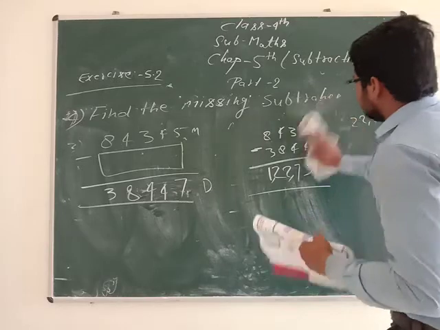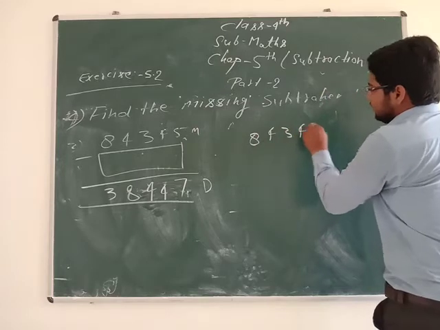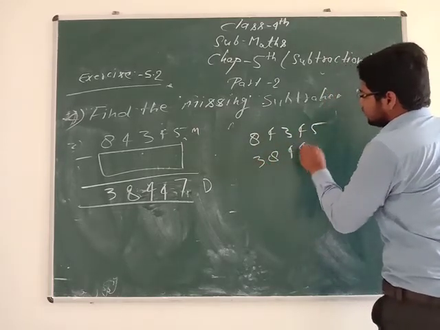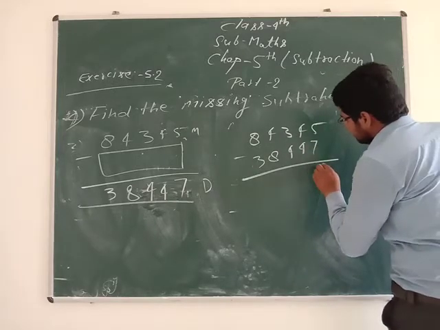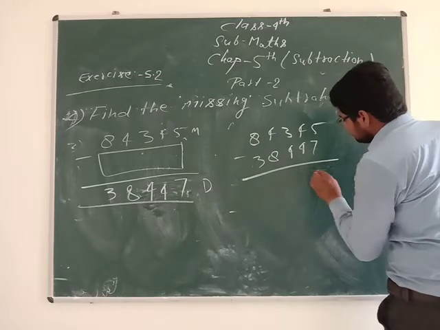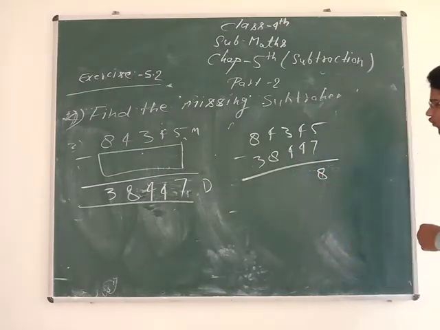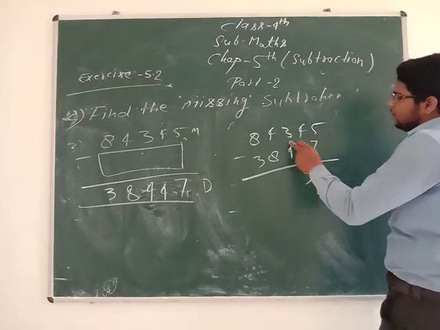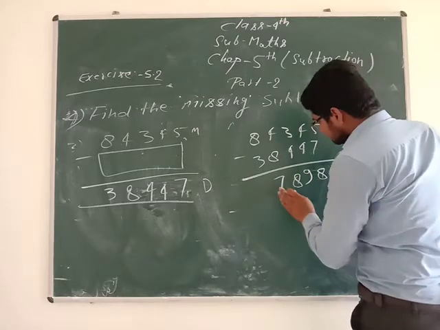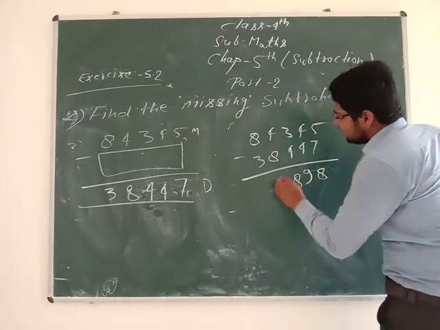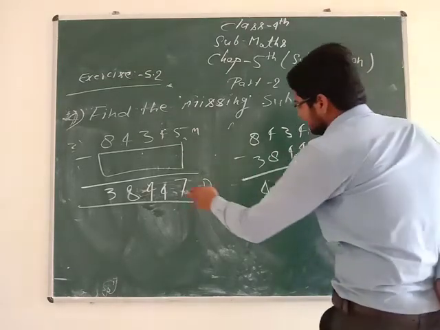So we can also subtract this number if you want. 84,345 and 38447. 15 minus 7, it would be 8, and here 3, 13 minus 4, it will be 9, and here we have 12 minus 4, 8, and here we have 3, 13 minus 8 would be 5, and 7 minus 3 would be 4. So 45,898 would be subtracted to get the right number.